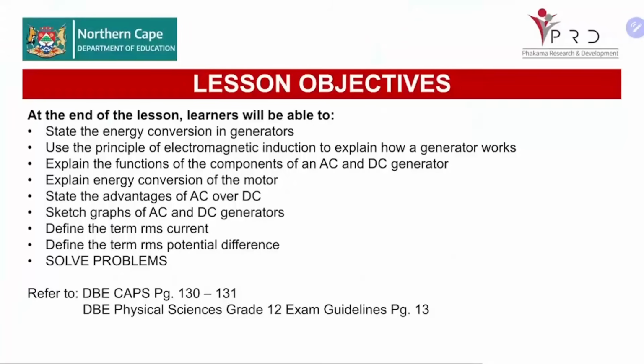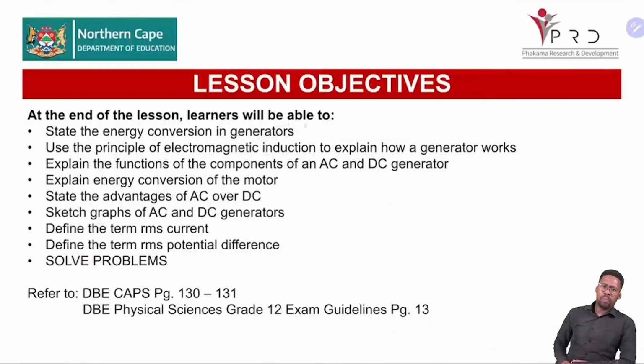I want us to look at the lesson objectives for the day. What is it that we'll be learning today? We are going to state the energy conversion in generators. We are going to use the principle of electromagnetic induction to explain how generators work. We are going to explain the functions of the components of AC and DC generators.